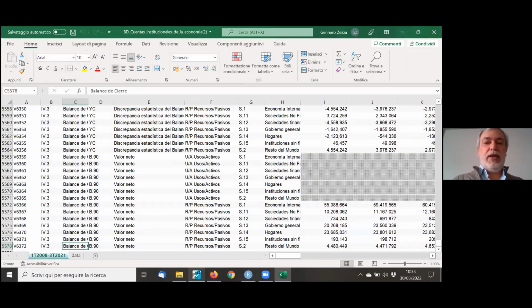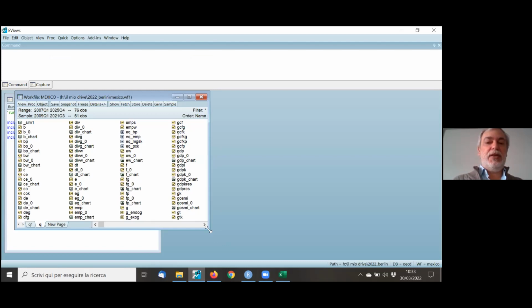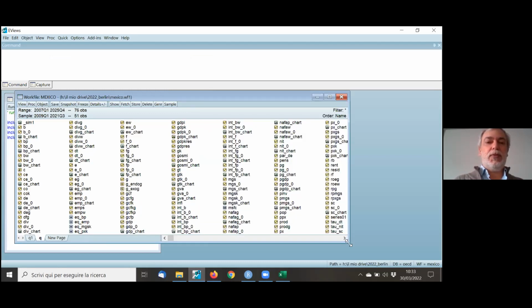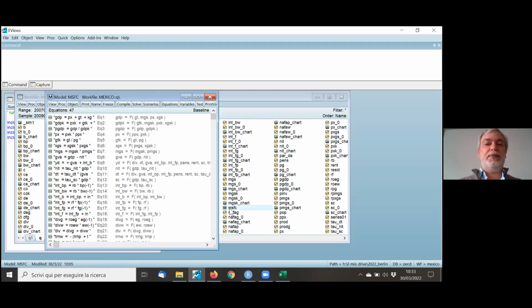We can go back to our Mexican model, and we need to decide on what other games we want to play with these numbers. We were quite unlucky yesterday because everything we tried was not giving us very good results.